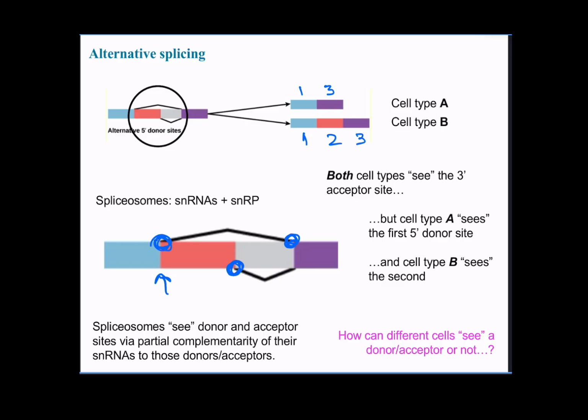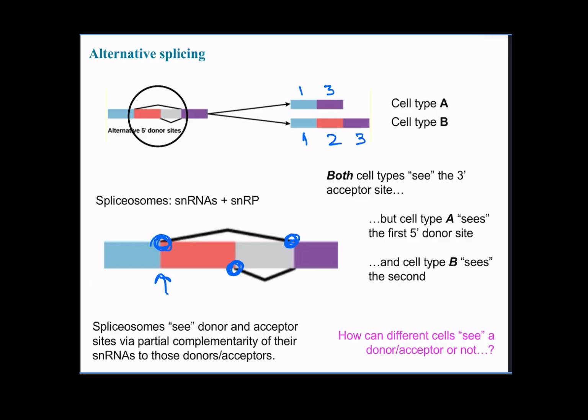So cell type A is seeing the upstream donor site and the downstream acceptor site, and cell type B is seeing the downstream donor site and the same acceptor site. So both cell type A and B see the 3' acceptor site, but cell type A sees the first 5' donor site, and cell type B sees the second.